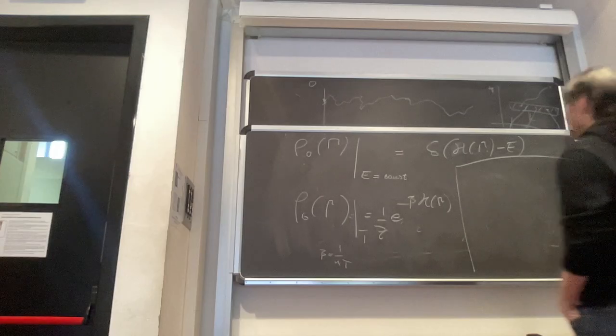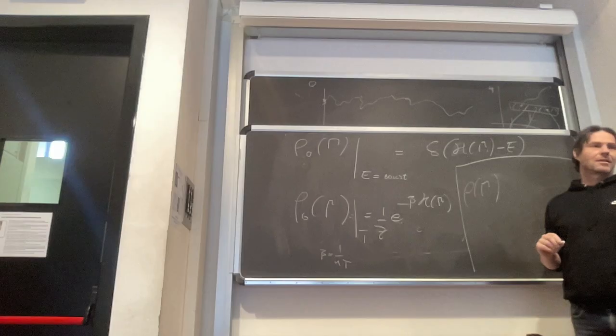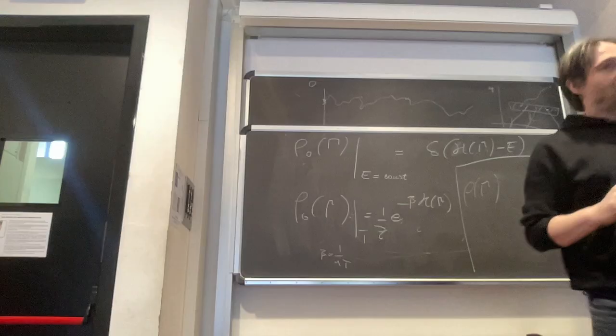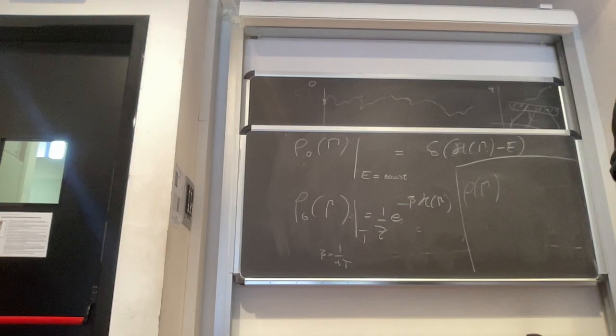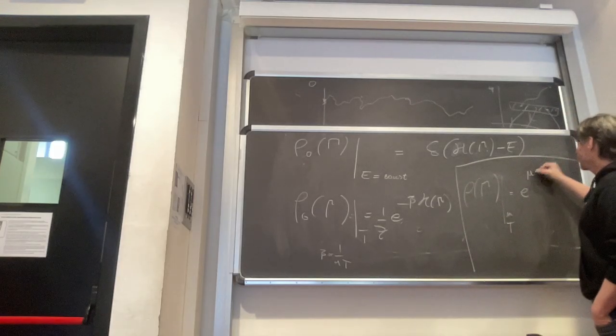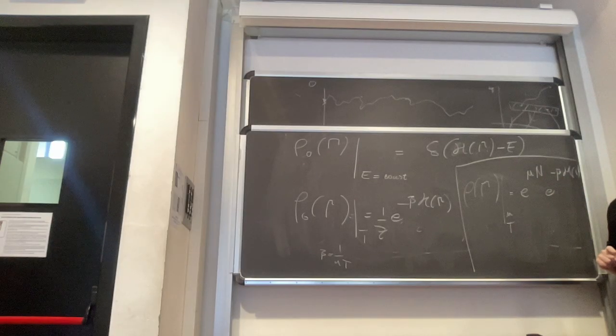Okay. And finally, if I have a distribution and I fix neither the energy, but the average kinetic energy, nor the number of particles, but an average number of particles through a parameter called the chemical potential, so fixing mu and T, I get what is called the grand canonical, which is basically a Boltzmann distribution with an exponential prefactor which contains the number of particles times some kind of normalization.